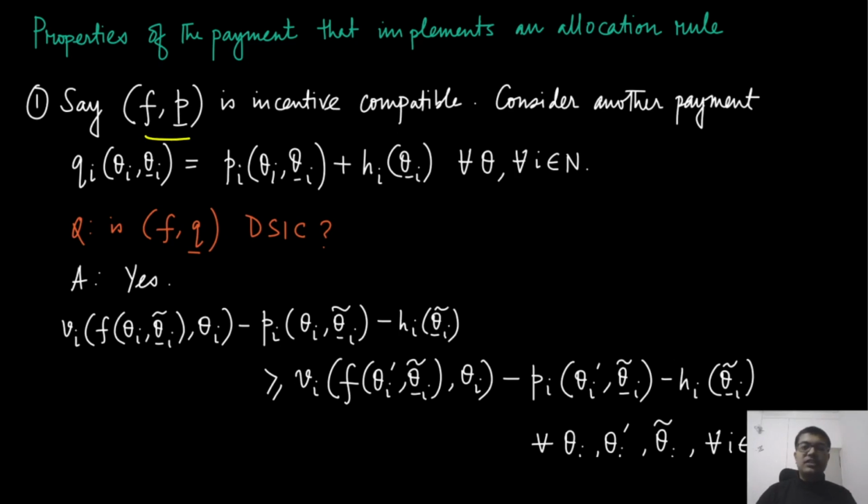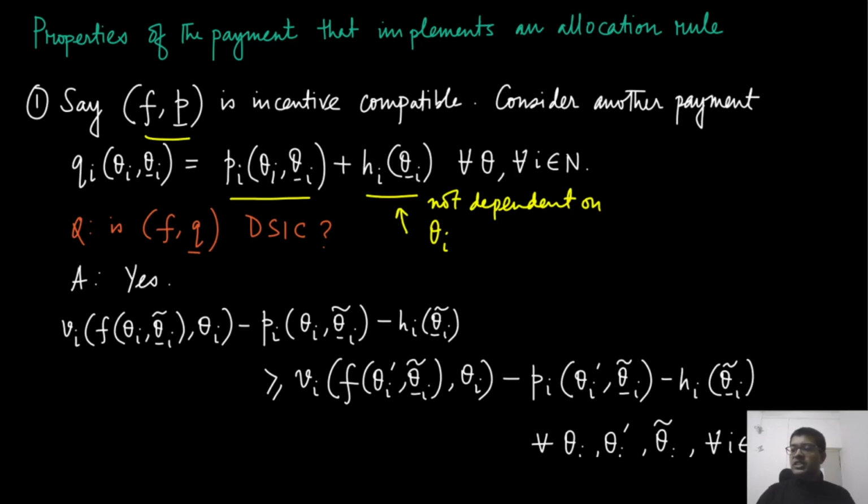Then let us try to think about what will happen if we consider another payment function which has the same payment as before, the same pi of theta I, theta minus I, but it also has an additive constant which is h_i of theta minus I. So notice this carefully, that it does not depend on theta of I. So that is an important thing.